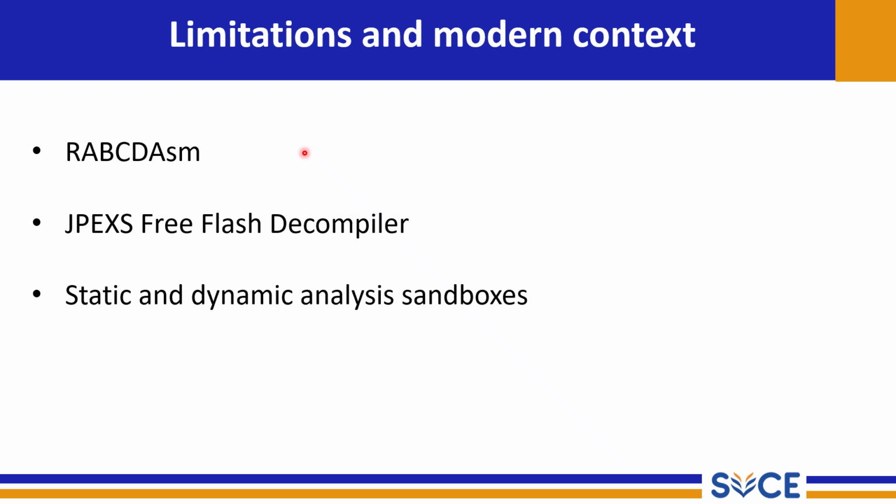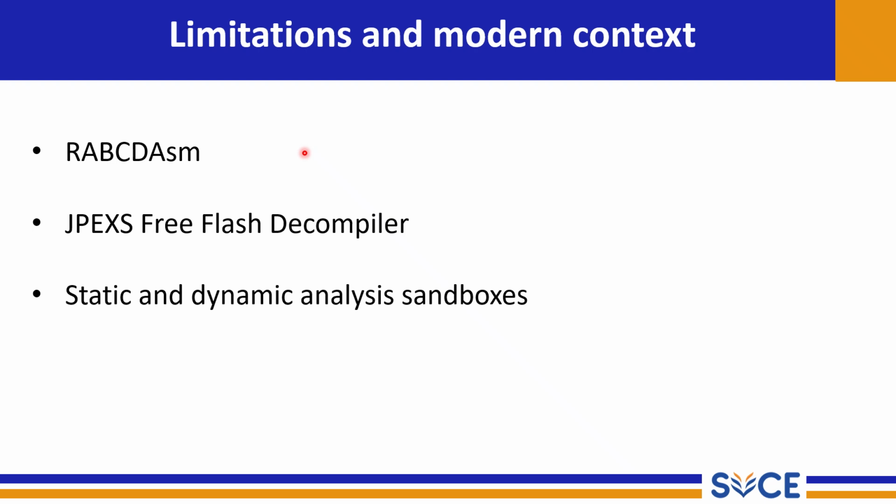So this meant it was ineffective against modern Flash exploits at the time. For analyzing modern threats, FlashM is no longer relevant due to the end of life of Adobe Flash Player.